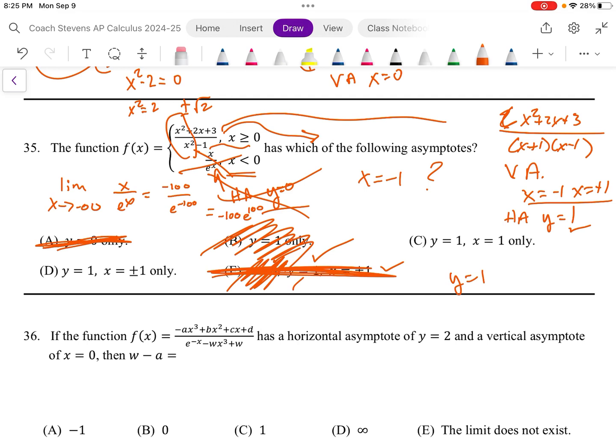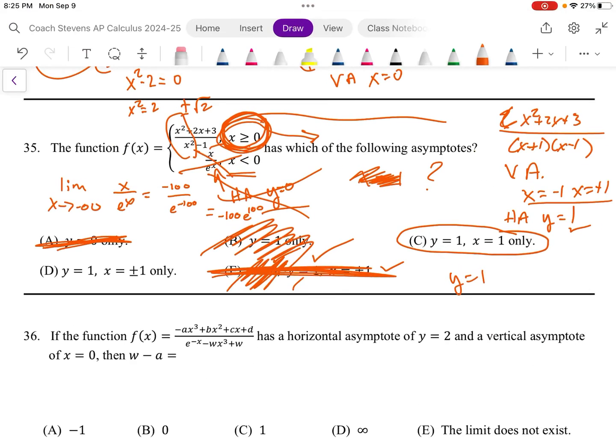Well, x equal to negative 1 is not in the domain of x greater than or equal to 0. So we don't need to consider that as being an asymptote. So that means C has to be the answer.